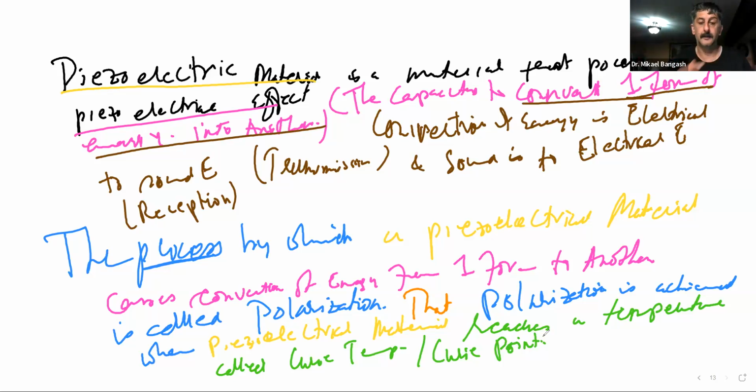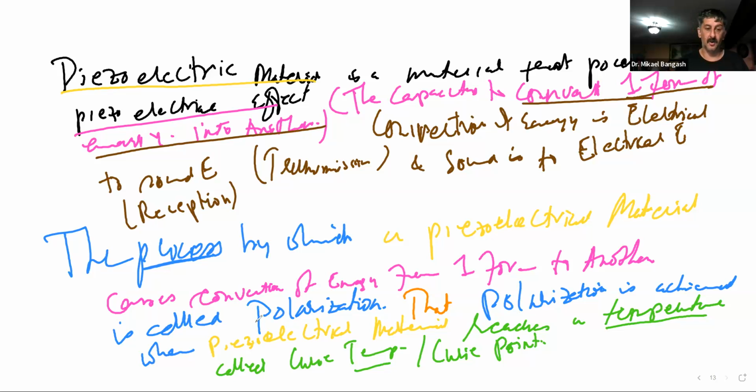But what is it? The reason that I call it the Curie temperature is because it's a certain temperature at which the piezoelectrical material will be able to polarize. Clear? What does it mean to polarize?